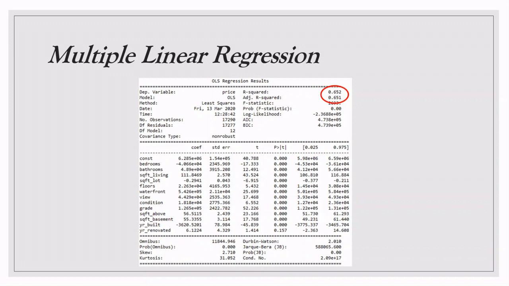But our suggestions would be to either, one, include more predictor variables to try and improve our adjusted R-squared, or two, we could focus on beta coefficients to determine which one housing prices are most sensitive to.